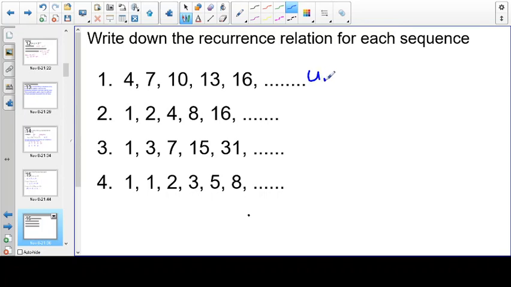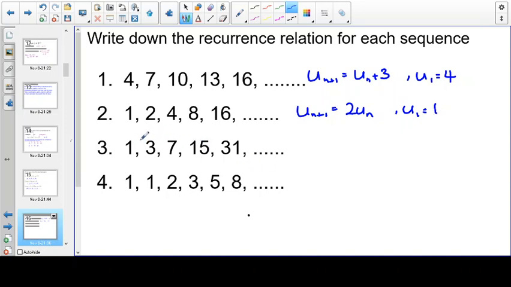So each term is the previous term plus 3, where the first term is a 4. This one times 2, times 2, times 2. So each term is the previous term times 2, where the first term is a 1.